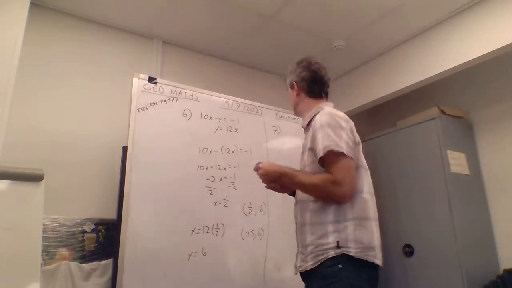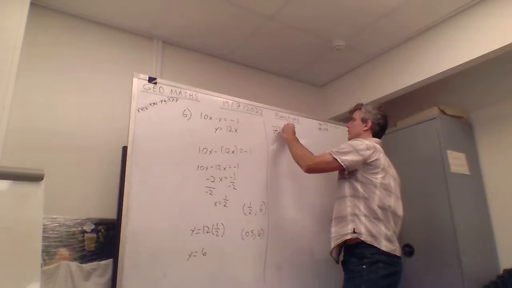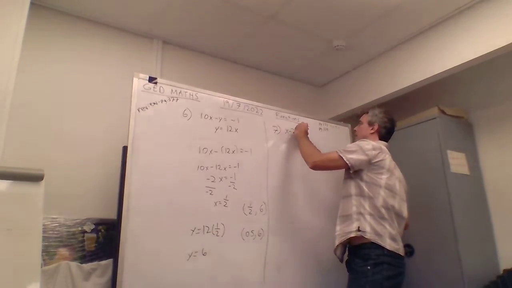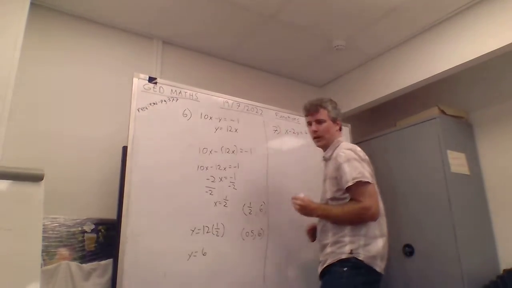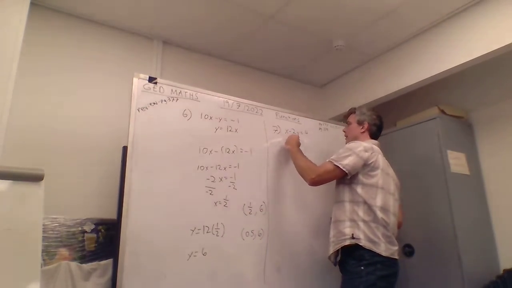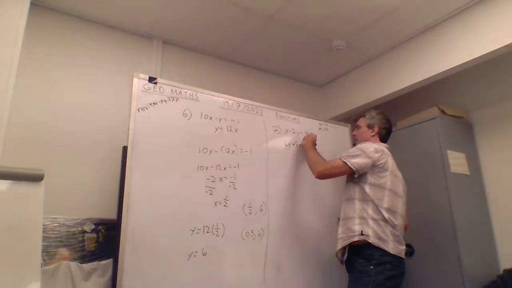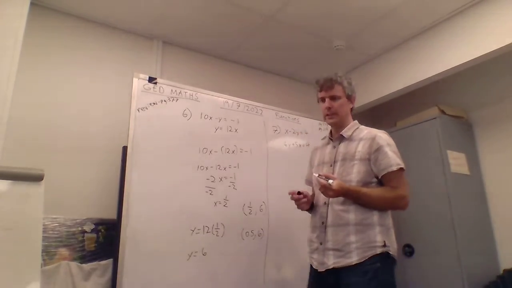That's telling you need to do it this way. So it's x minus 2y equals 4. And the other one is 6y plus 5x equals 4. Alright.